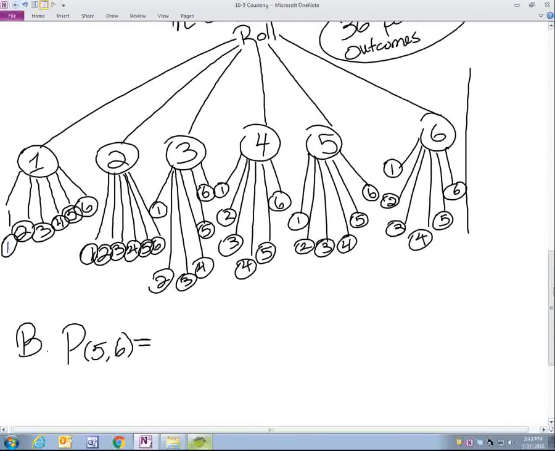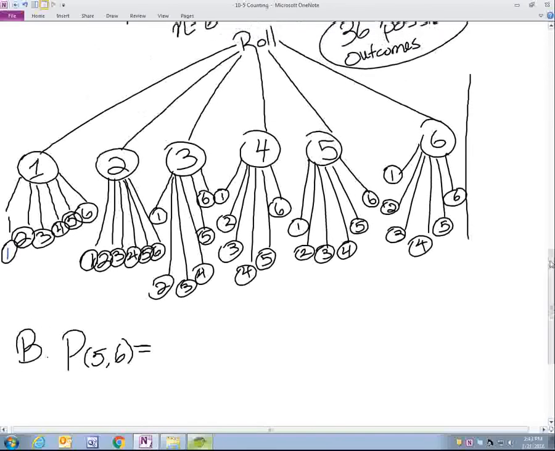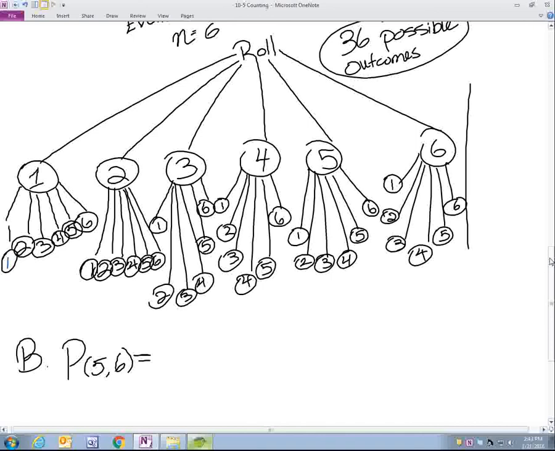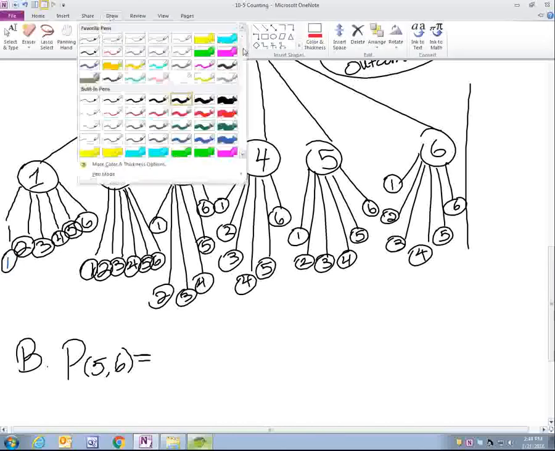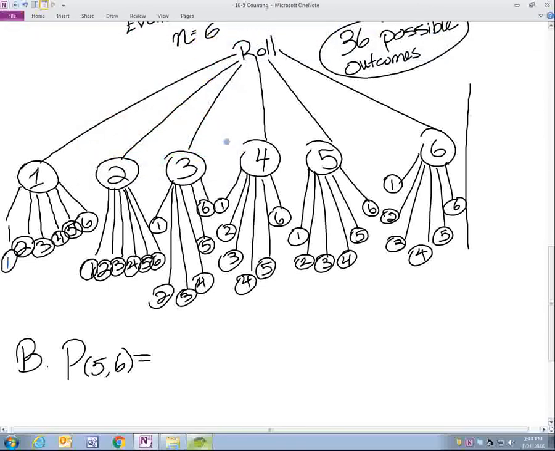So we would look at this. The probability of rolling a 5 and then a 6. And I want it to look exactly like that, folks. A capital P with 5 and then 6 in parentheses after that P. So we have, I'll follow this trip down, we roll. We get a 5. Then we roll, and we get a 6.